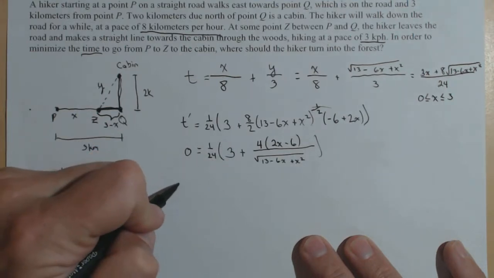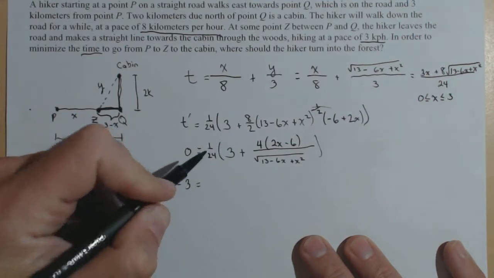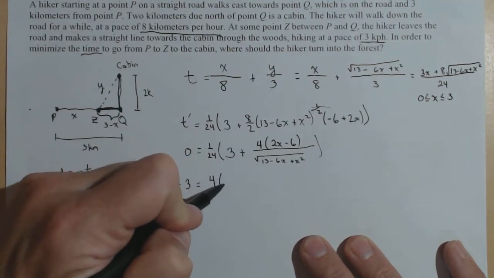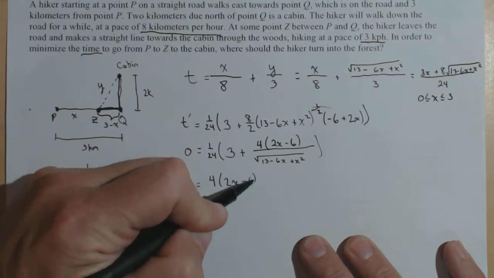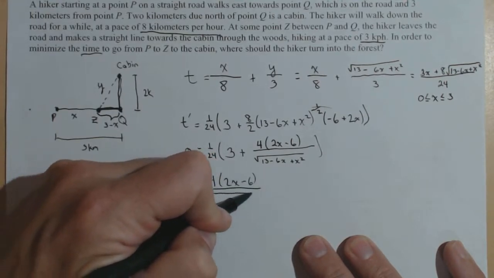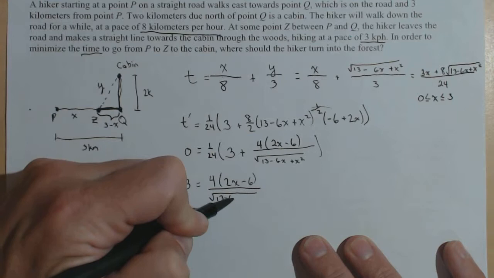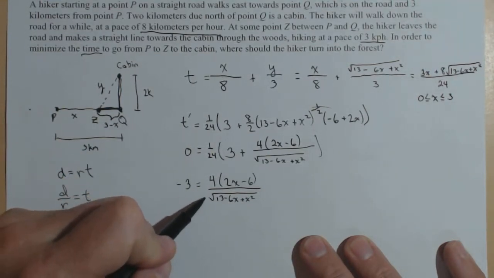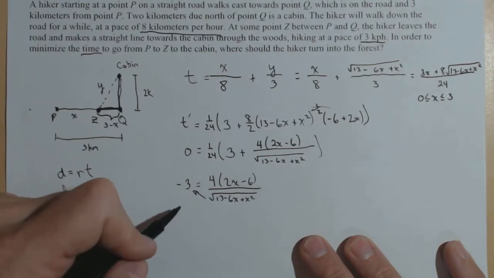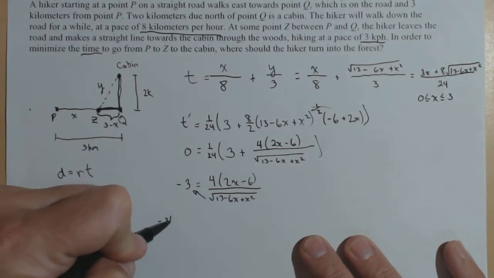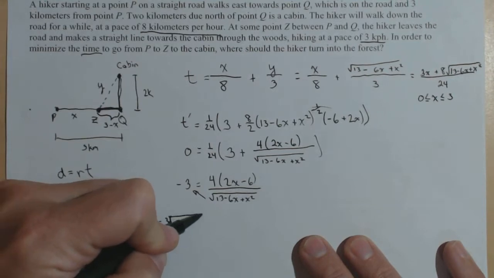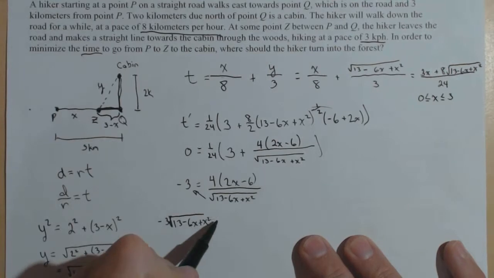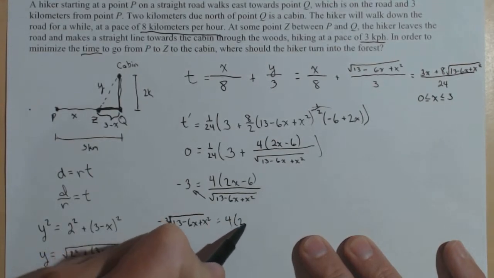So first thing I can do is move the 3 across, so minus 3 equals our fraction here, 4 times 2x minus 6 over the square root of 13 minus 6x plus x squared. Next, I'll cross multiply that radical. So I have minus 3 times the square root of 13 minus 6x plus x squared equals 4 times 2x minus 6.